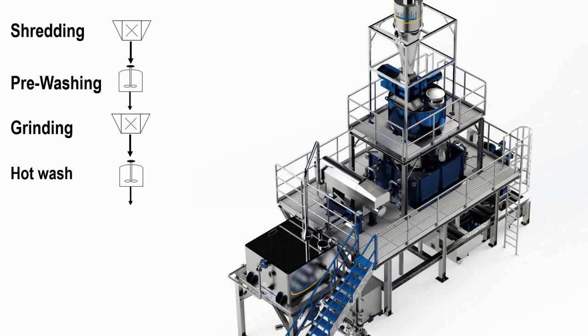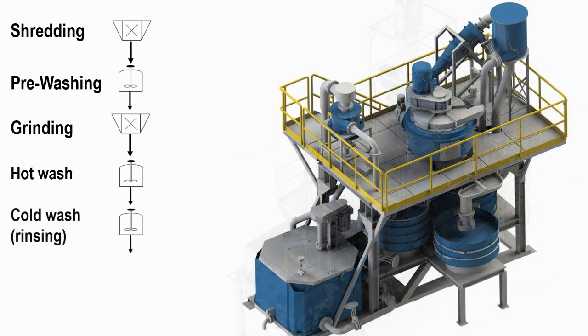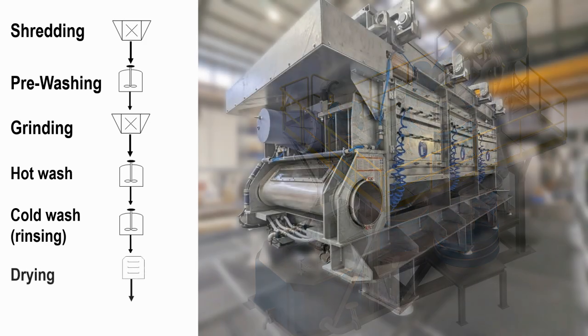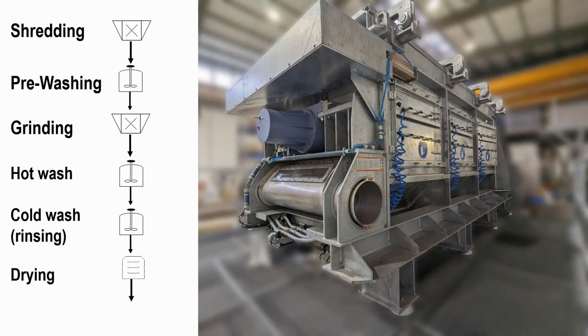Then you have, in some cases, we come to this later on, it is useful to use a hot wash, meaning not only a cold wash, but also a hot wash. And then you have a cold wash station. I would call it a rinsing station. And then you come to drying. And this is the normal washing process.